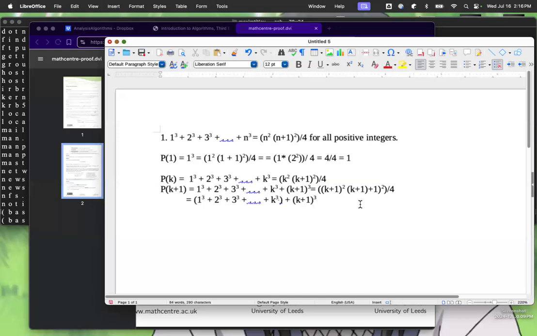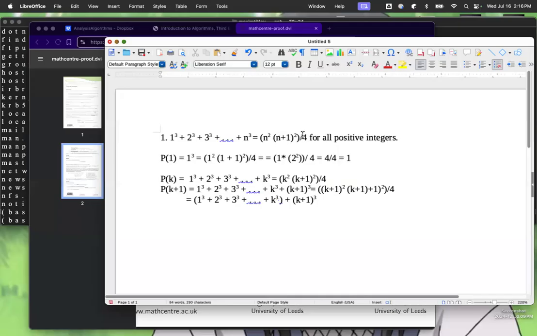Okay. So now, as you can see, all I did was add K plus 1 on that side. Now I need to show on the opposite side, however, that all I did was add K plus 1 cubed on the opposite side as well. Okay, so let's take a look at what that will look like.